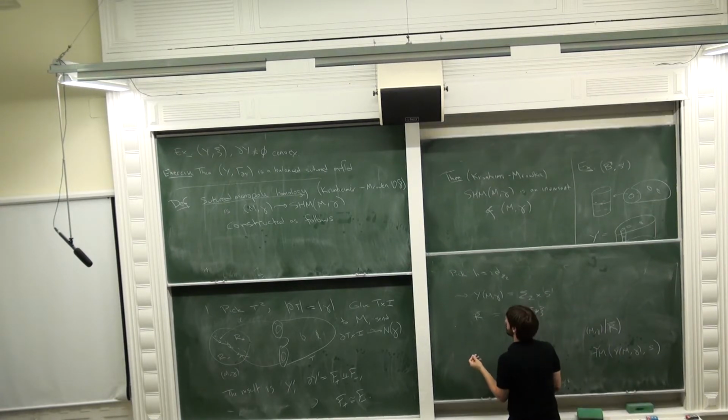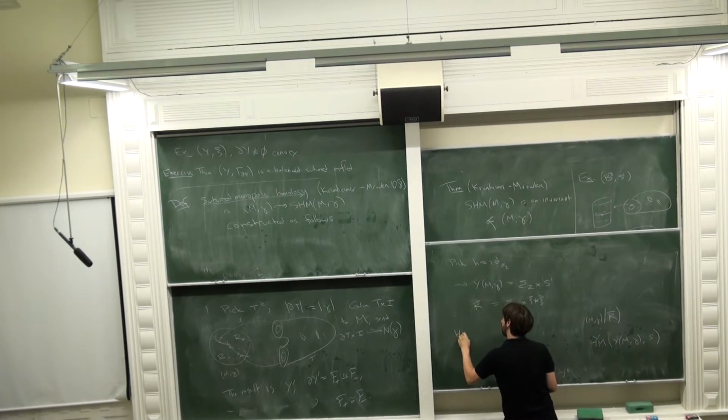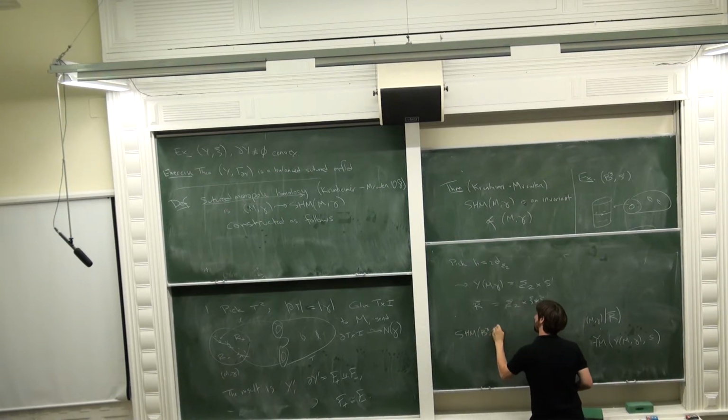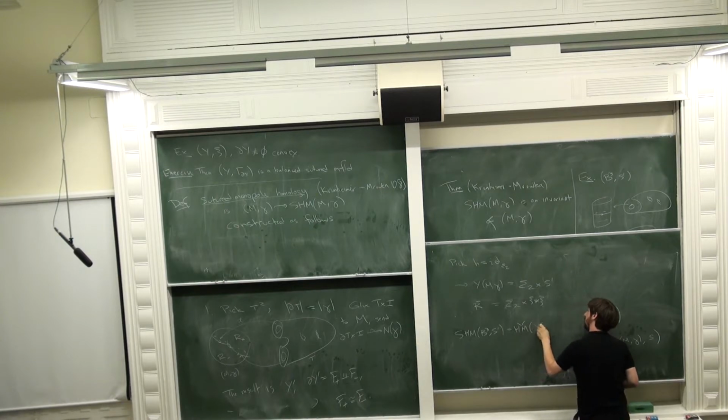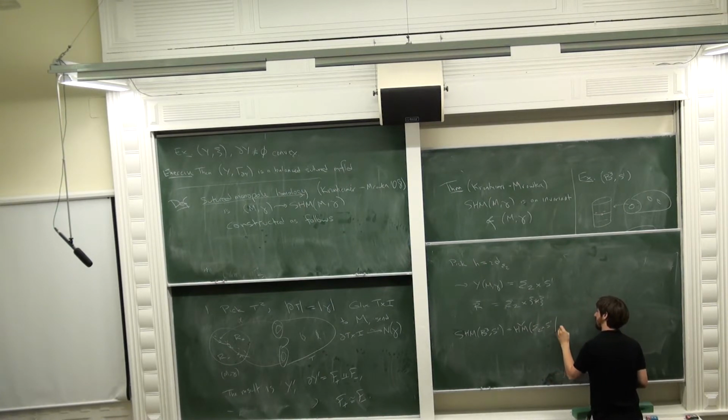And then it's a fairly straightforward computation to see that SHM, the sutured monopole homology of this ball, well, that's monopole homology of sigma 2 times S1 in the top spin^c structure.